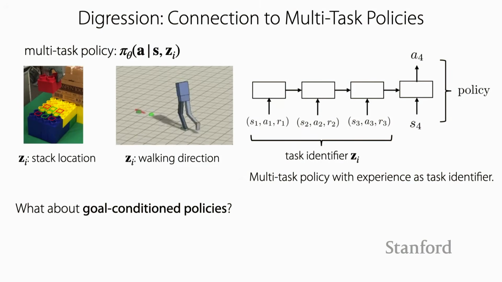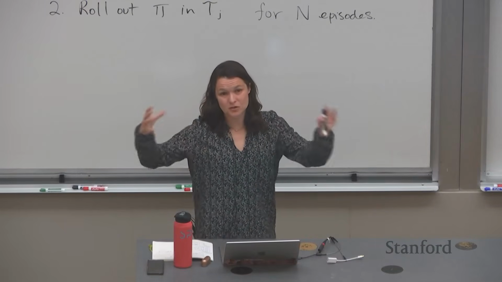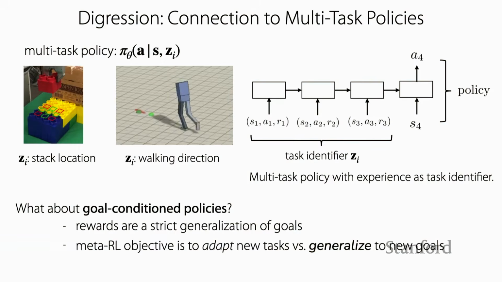If you think about goal-conditioned policies, you can also view meta-RL as a generalization of them, because there's a set of MDPs that are goal-reaching MDPs, and a broader set of MDPs that are reward-maximizing MDPs. The other way to think about this is that instead of generalizing to new goals, meta-RL tries to adapt to new tasks with a small amount of experience.